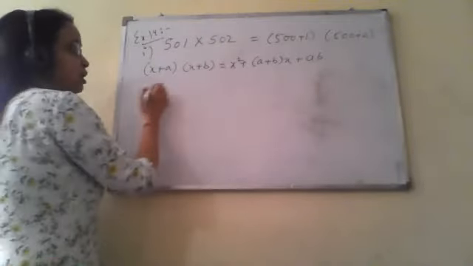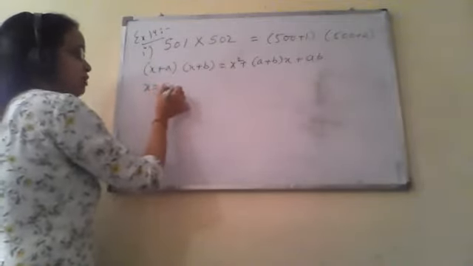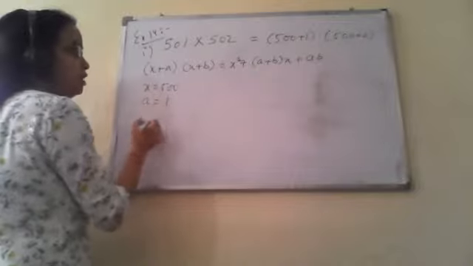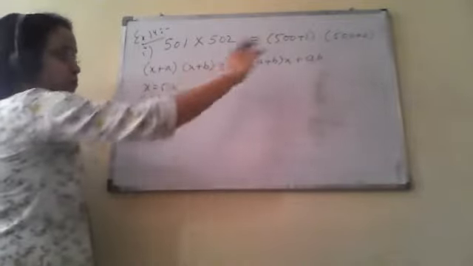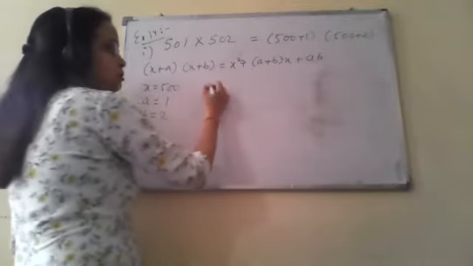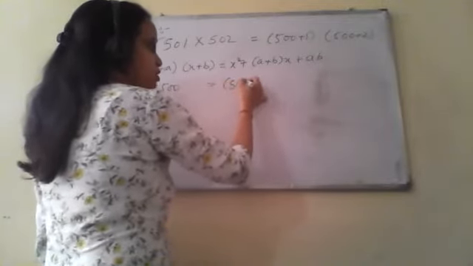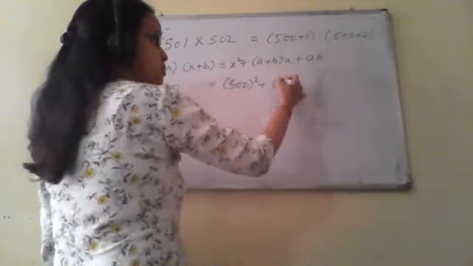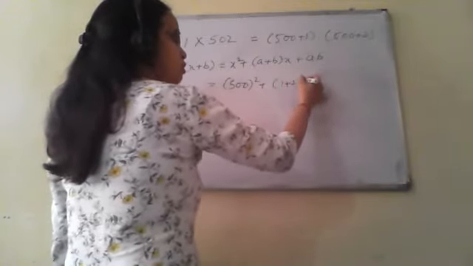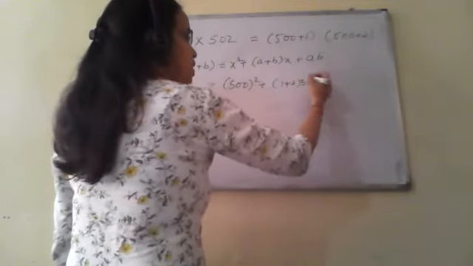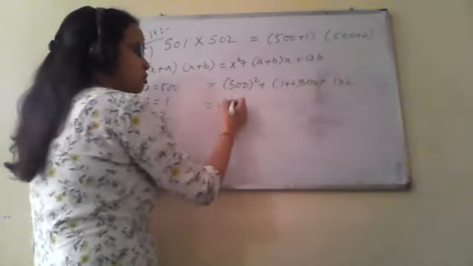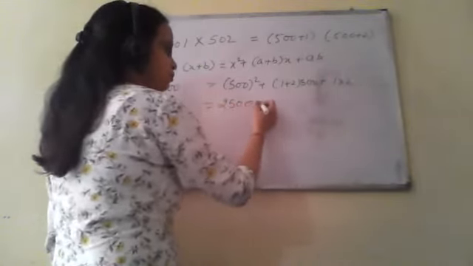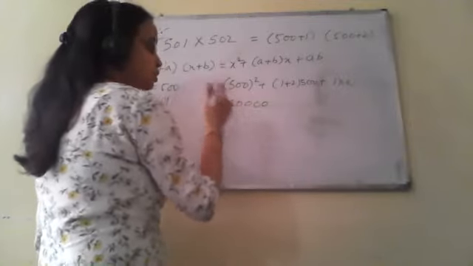Clear? Now in place of x we have 500, in place of a we have 1, in place of b we have 2. If we compare these values, it will become x square, 500 square, plus (a + b), which is 1 plus 2, into 500, plus a into b, this is 1 into 2. So if we calculate, this will become 250,000.